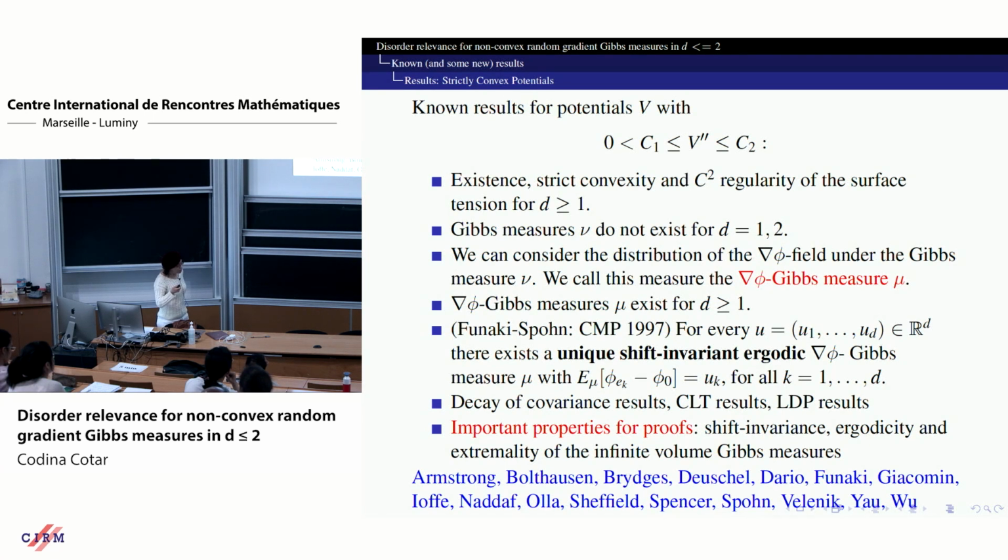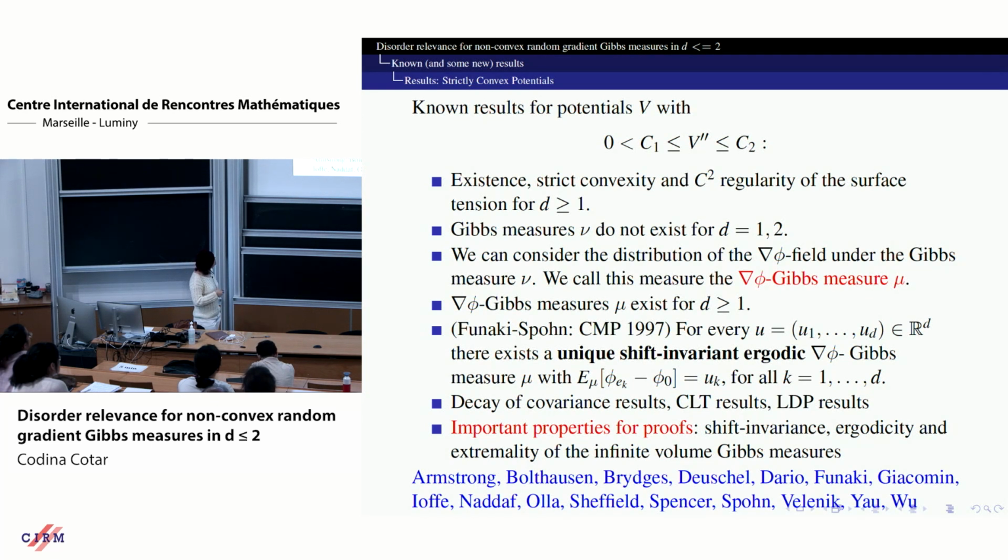Now, of course, the next question is, can I say some other quantitative properties about how particles will interact with each other with respect to such a measure mu? And this results in decay of covariances results, scaling limit results, large deviation results.